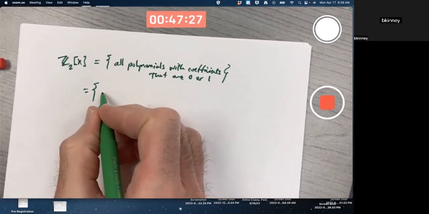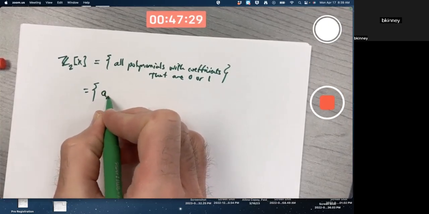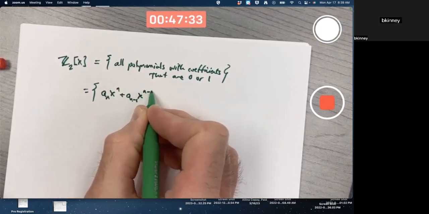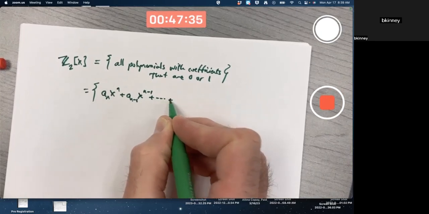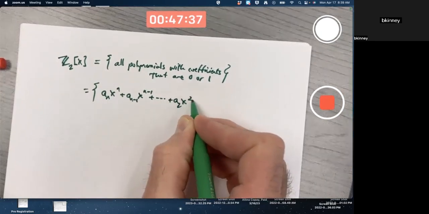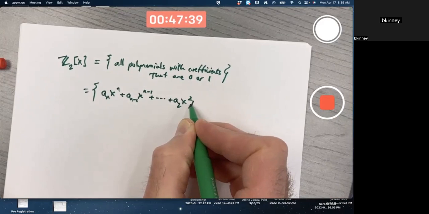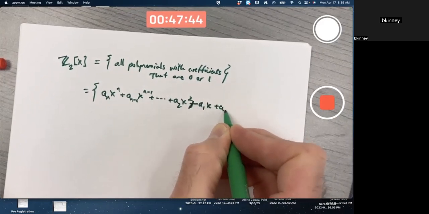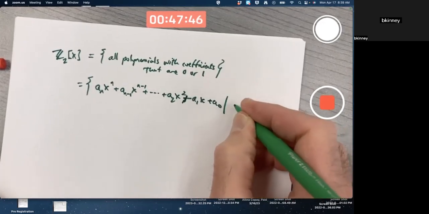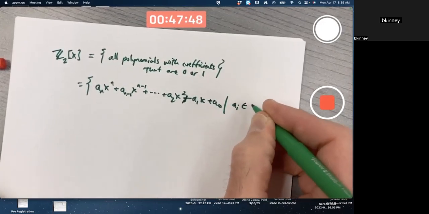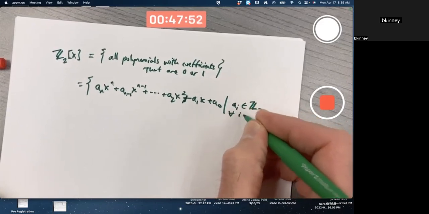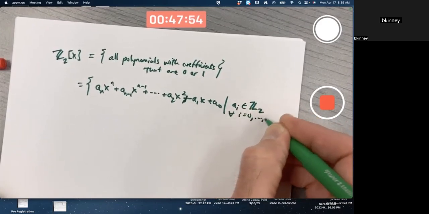It's the set of all expressions of the form a_n x to the n plus a_{n-1} x to the n minus 1 plus etc., down to plus a_2 x squared plus a_1 x plus a_0, where each a_i is from Z2, for all i from 0 up to n.